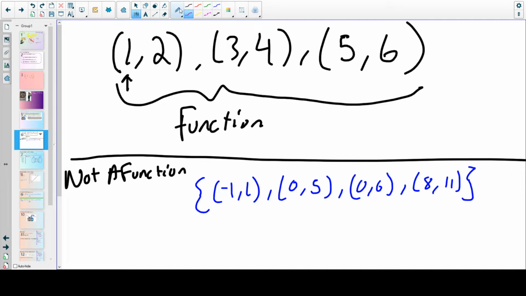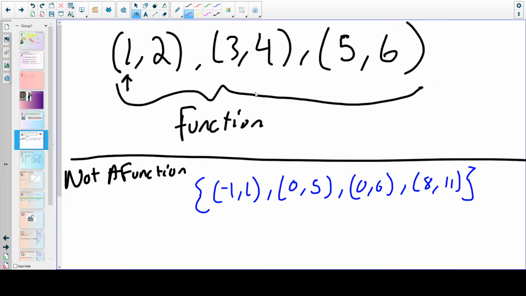So if we look at all of the x values, we have -1 and 0. -1 gives you 1, 0 gives you 5, but 0 is also giving you 6. Do you notice that in this relation, this set of ordered pairs, there are two different coordinate points that both have the same x value, but they output two different values?